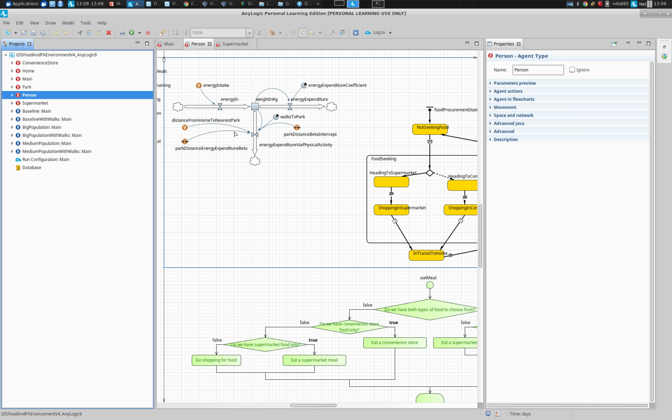There are in fact two feedbacks here governing energy expenditure, one due to physical activity, one due to basal energy expenditure. But in that same agent, we had elements drawn instead from the agent-based paradigm, with decision-making characterized with an action chart and state charts.